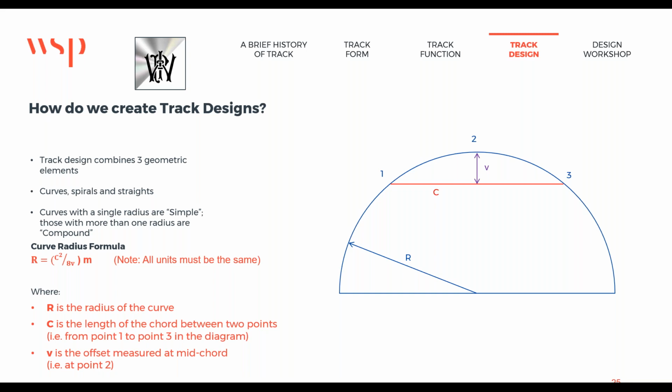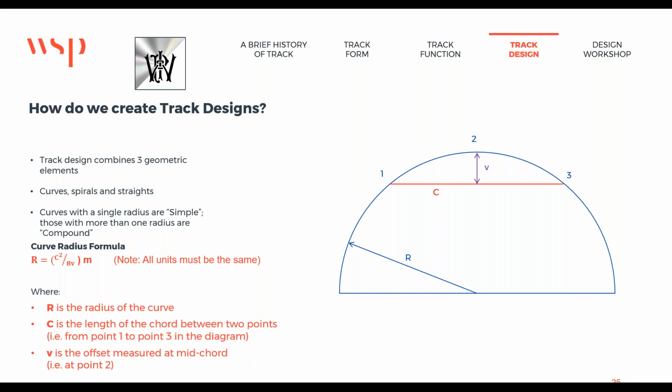So there's a formula that allows us to calculate the radius of curves, and that's on the screen there. R equals c squared divided by 8v, in meters. All units must be the same. That's a note. So in the little diagram there of the semicircle, we've got a radius r, we've got c, we've got points 1, 2, and 3, and a bit in the middle that measures a thing called v.